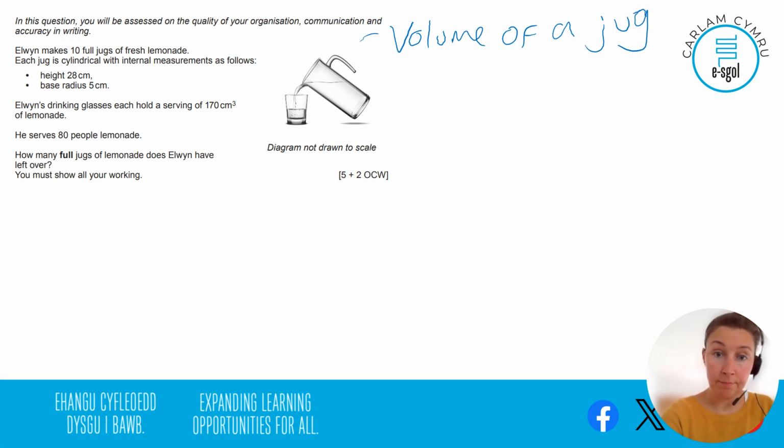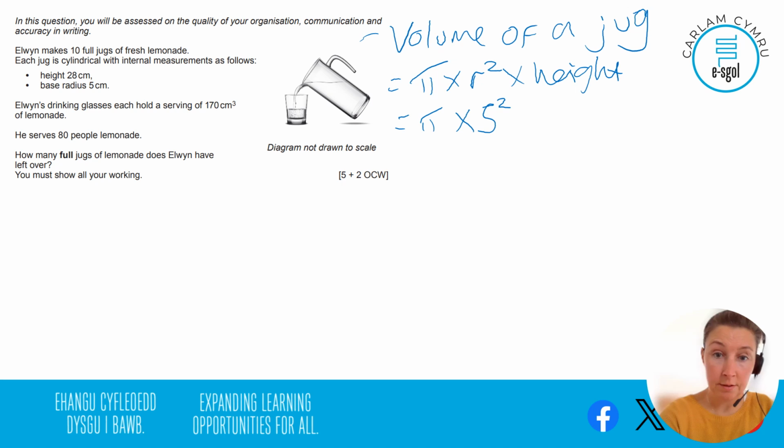So step 1, this will be pi times radius squared times height. So we know already that it's 5 centimetres squared, or radius squared, sorry, and we know the height is, it's just here, 28 centimetres.